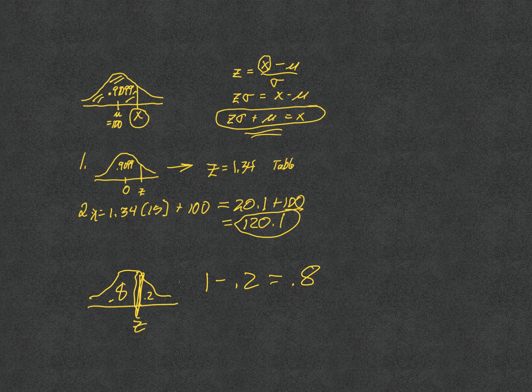All right, and that value is approximately 0.84. So the z would equal 0.84, and then we would convert that. So we'd say the x is equal to 0.84 times the standard deviation, whatever that value is, plus the mean, whatever that value is.